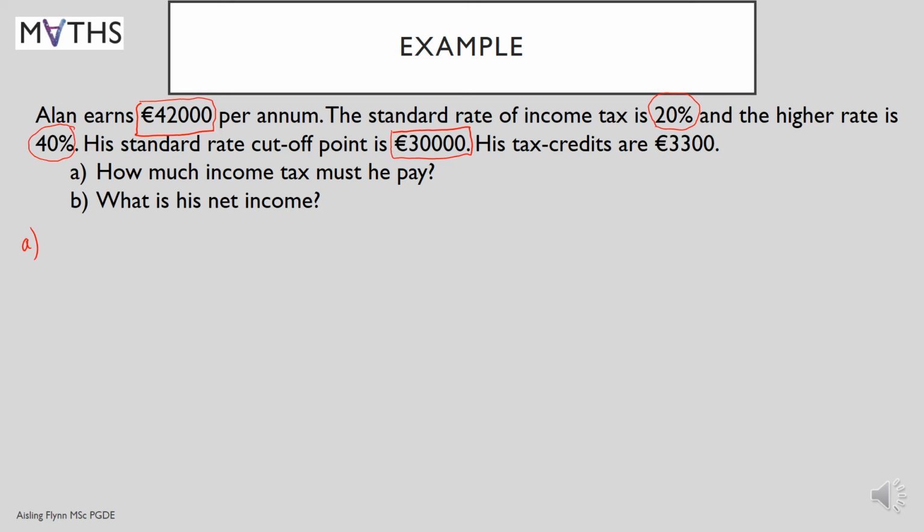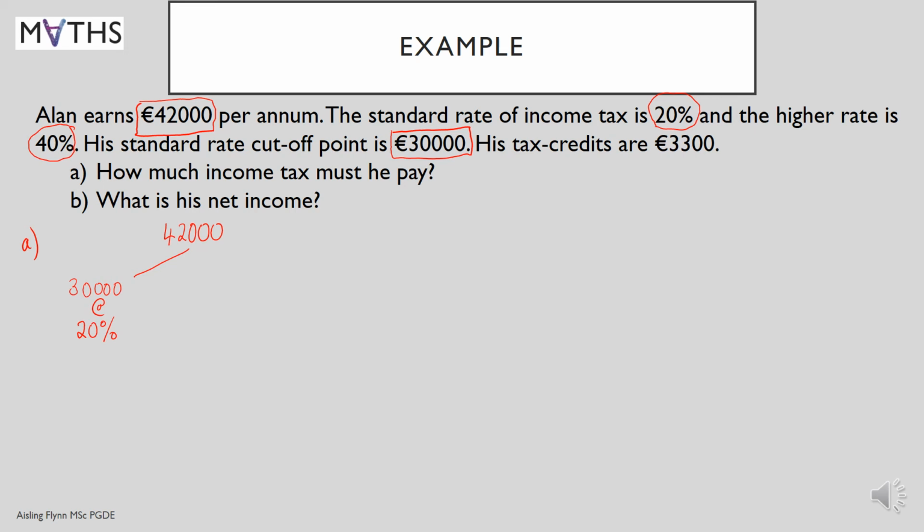So the first thing to do is to take his income and split it up into standard rate and higher rate. He goes above 30,000 euros, so he'll have the full 30,000 euros, and it will be taxed at 20%.